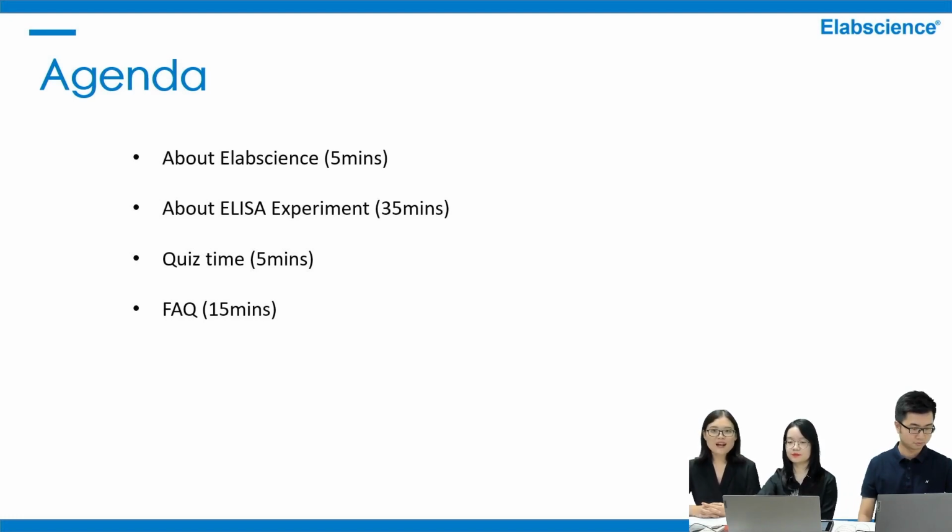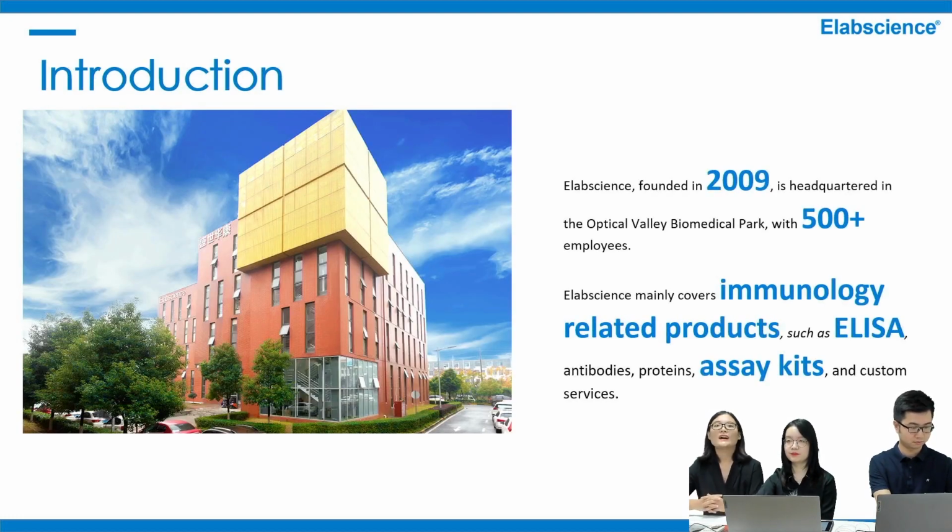The third part, the exciting part, is our quiz time. We have set up 5 questions, so all the winners can get our gifts. The last part is FAQ. So you can type your questions during our presentation. Our technical support online will respond in a timely manner.